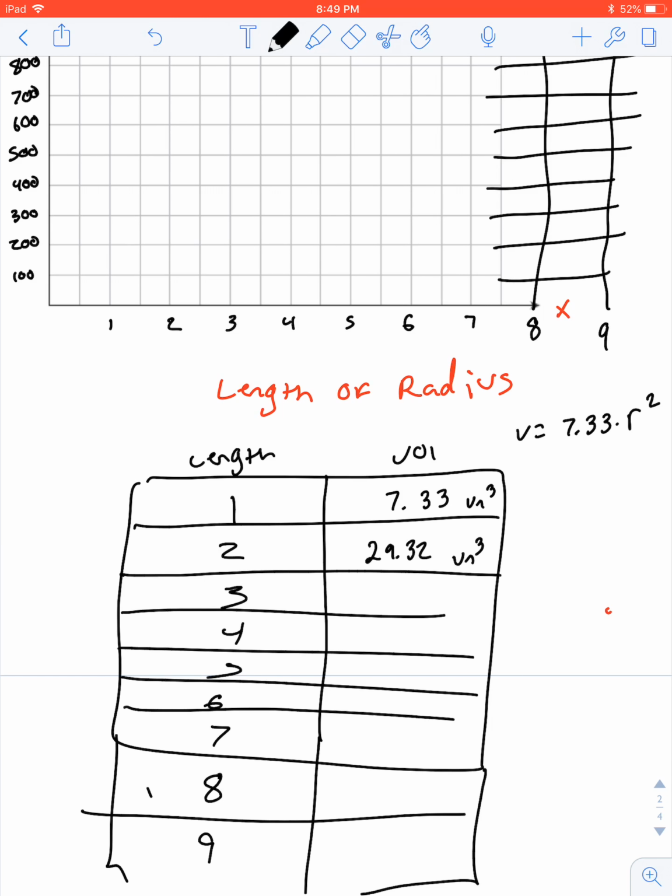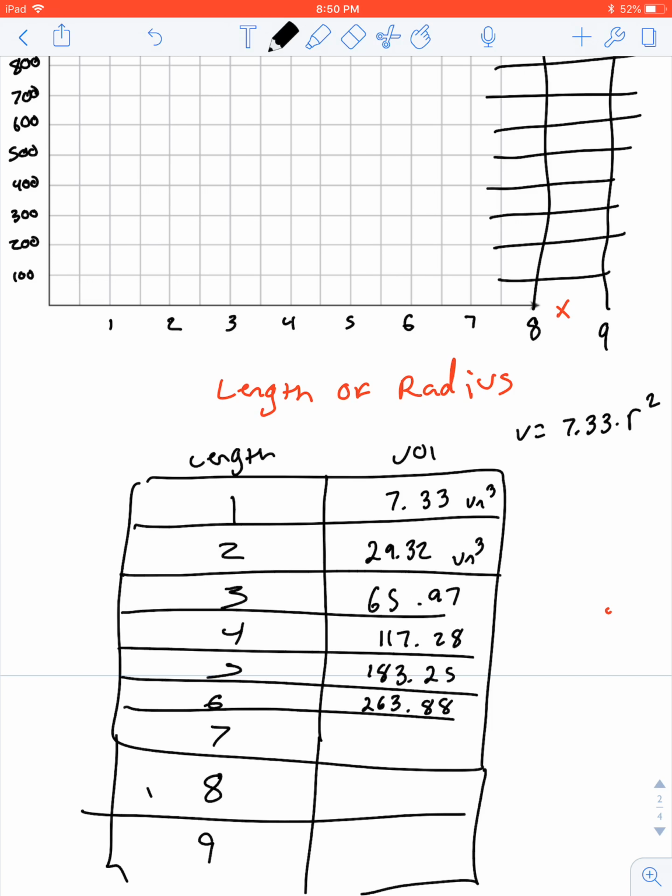And then our next one, we take our radius of 3, square it, gives us 9 times 7.33. It's going to give us 65.97. 4 is going to give us 117.28. 5 is going to give us 183.25. And you're going to notice now that our volumes are increasing quite drastically.